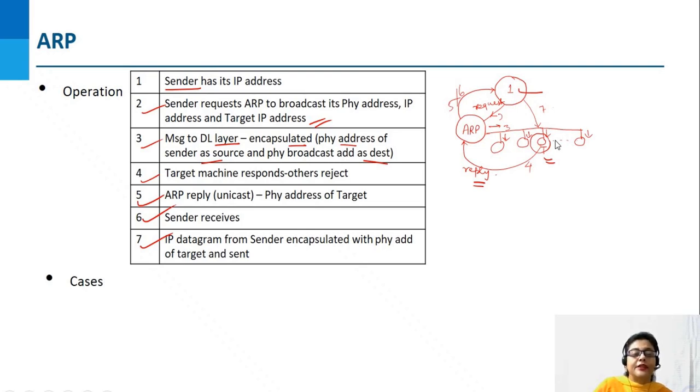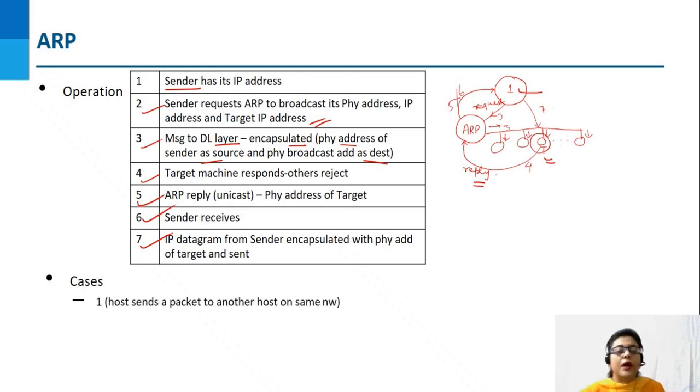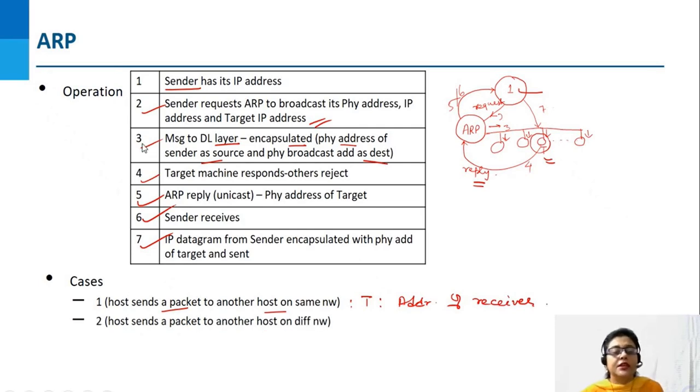Now there can be several cases. Case 1, a host wants to send a packet to another host on the same network. In this case, the target address will be the address of the receiver. Number 2, the host sends a packet to another host on a different network. If it is a different network, then the target will be the address of the router.